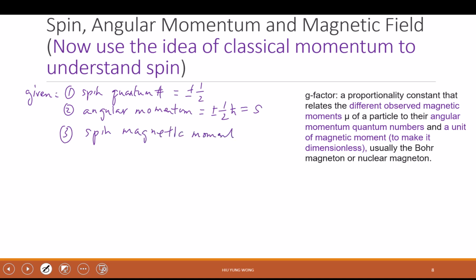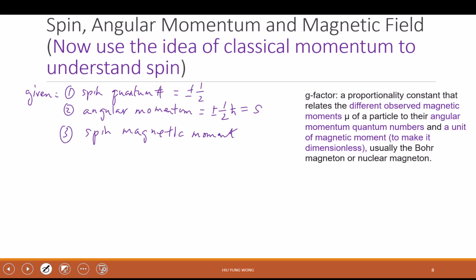If the classical object is really rotating, it has an angular momentum, and now I tell you that this spin, although it's not classical, is the same: it also has an angular momentum. But do not think that it's really rotating. It just has this angular momentum. So it also has a corresponding magnetic moment.